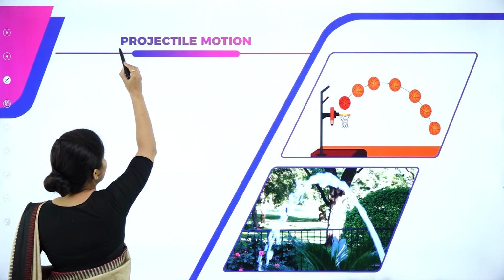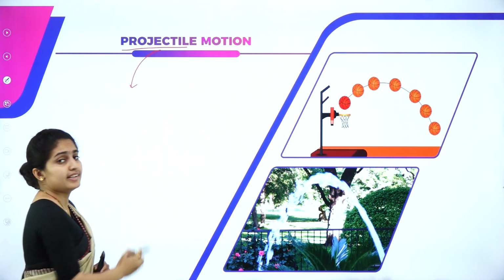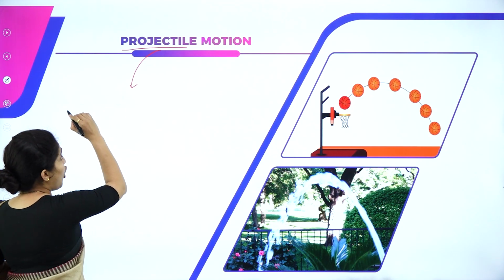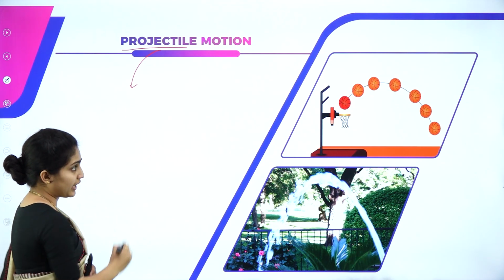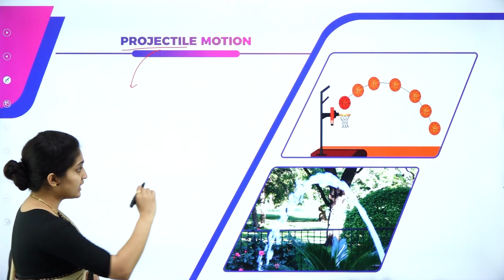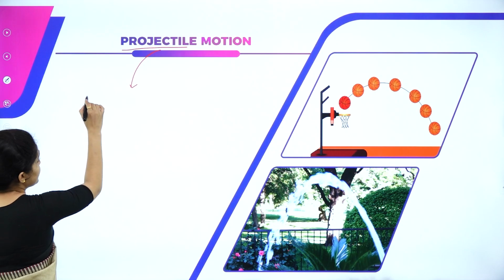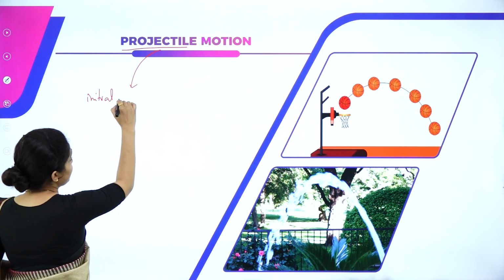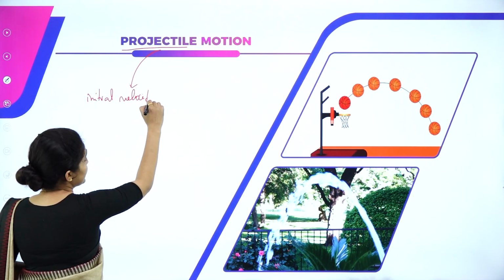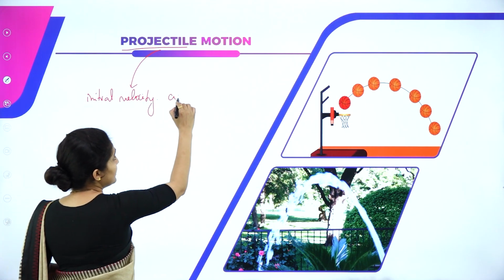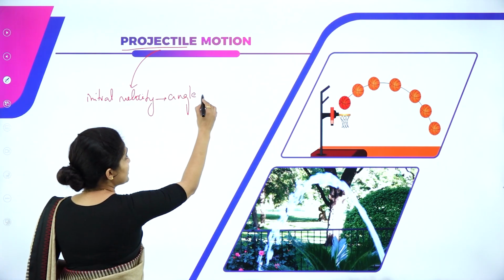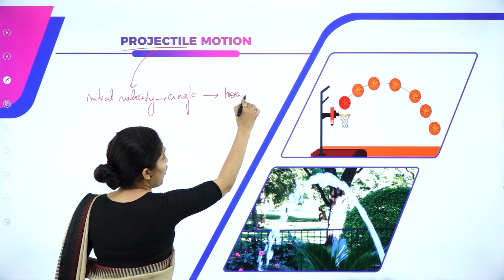A projectile is nothing but an object thrown into space, as you can see in the diagrams. When an object is just thrown into space, what happens? Its initial velocity makes a certain angle with the horizontal.